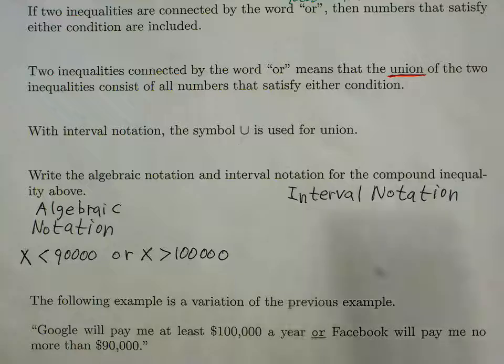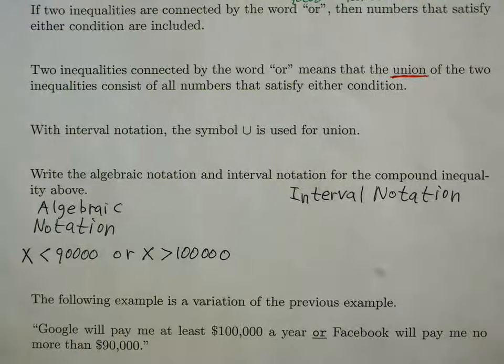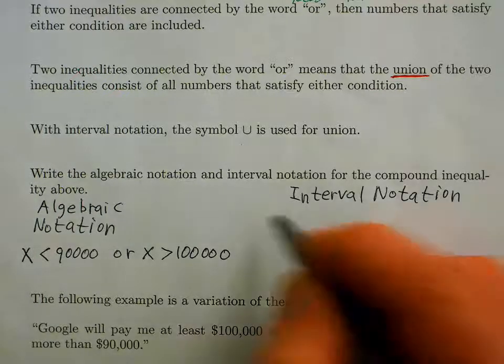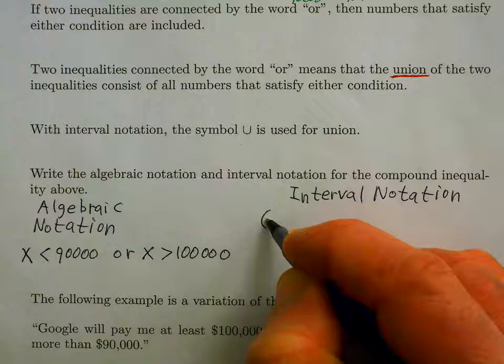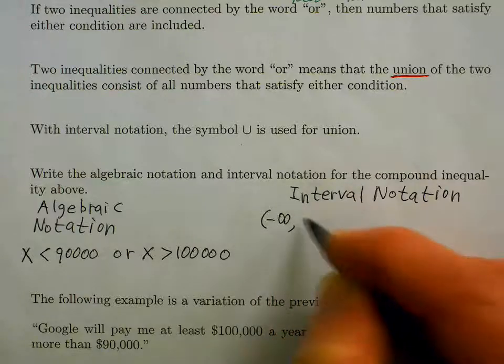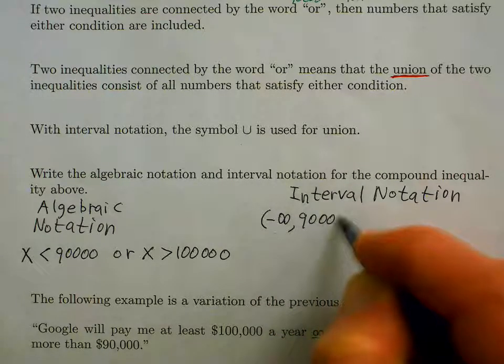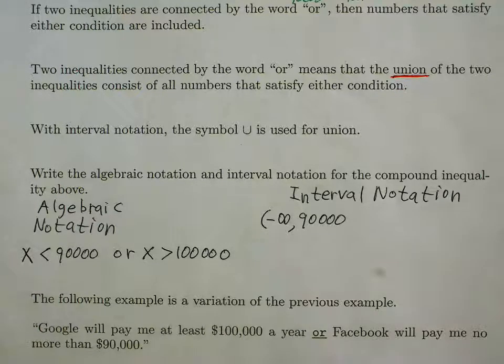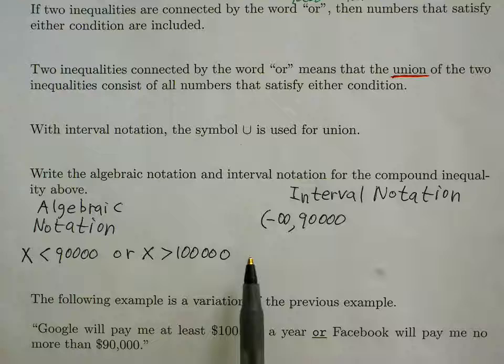In our interval notation, we're sort of departing from reality because we're going to write parenthesis negative infinity, comma, 90,000. We know that the salary can't go to negative infinity, but we're just thinking of this mathematically.